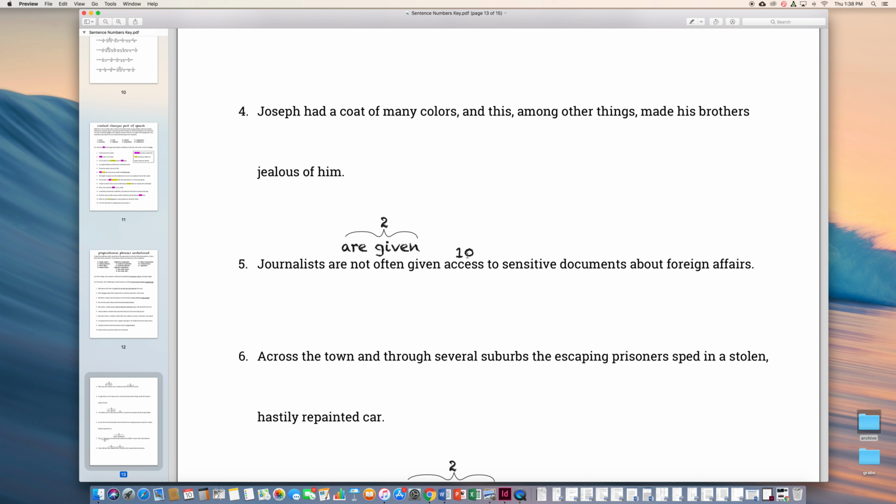Okay, in an active form, officials do not often give access to journalists to sensitive documents, right? So then journalists would be the indirect object. But in this case, what would be the indirect object is the subject of the sentence. So that's when we have the example of the retained object.